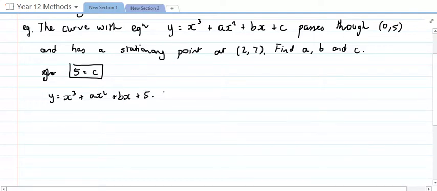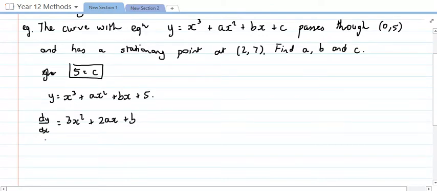Now, the next thing I'm going to do, I know it has a stationary point at 2, 7. So I can differentiate this. So dy dx equals 3x squared plus 2ax plus b. And I know that that's the point 2. And I know that at that point the gradient must be 0.